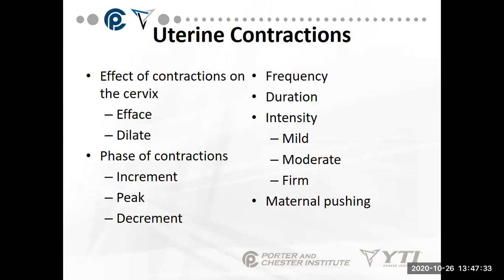Okay. So dilation and effacement are determined during the vaginal examination. The dilation is going to be described in centimeters, like 1 centimeter, 2 centimeters, and the effacement is going to be considered more in percentage, like we said, 100% effacement.